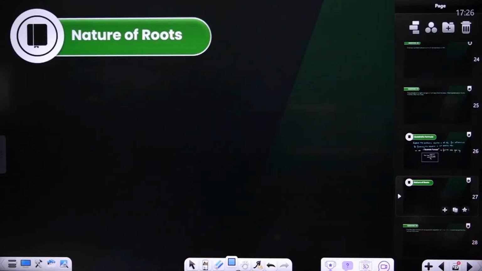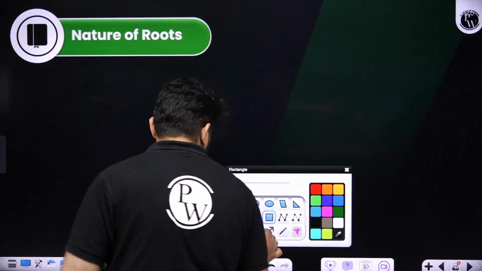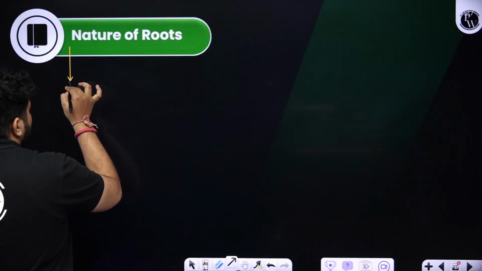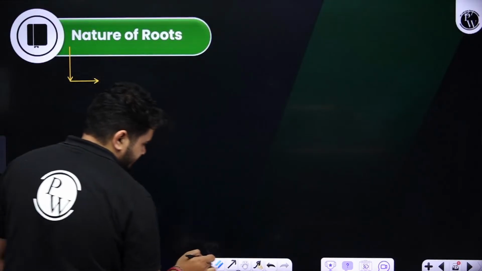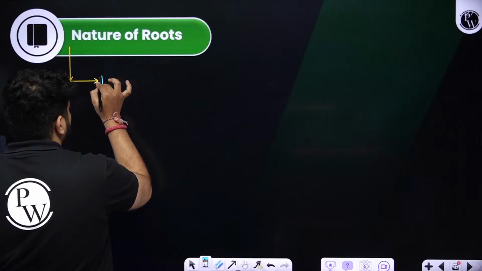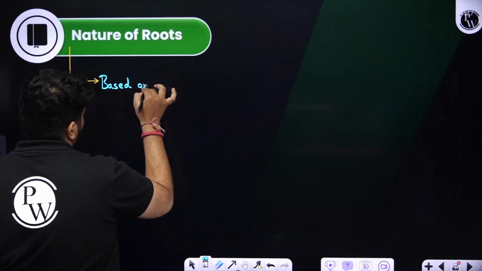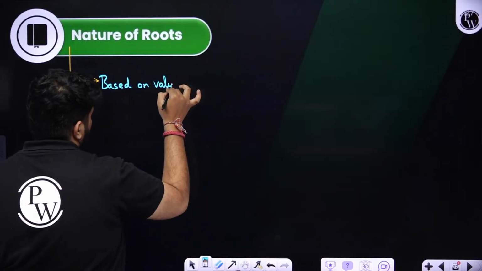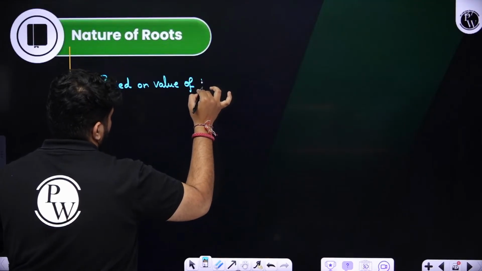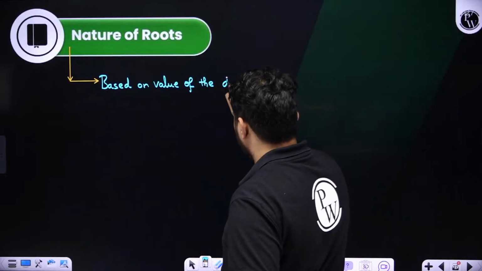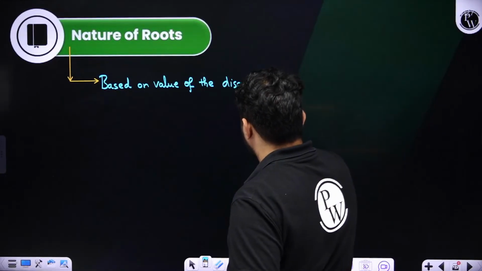Now we have the nature of the roots, okay? Nature of the roots based on what? Discriminant value. Nature of the roots we are going to discuss based on the value of the discriminant, okay?